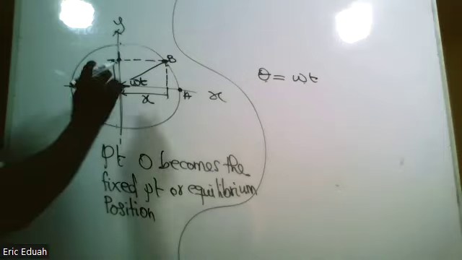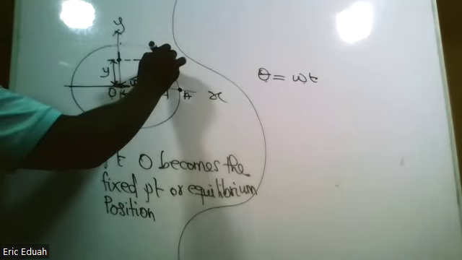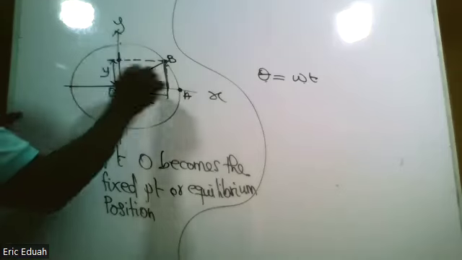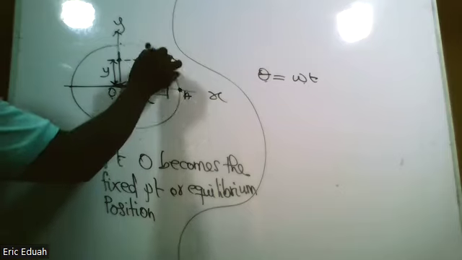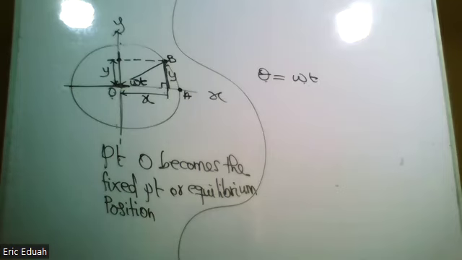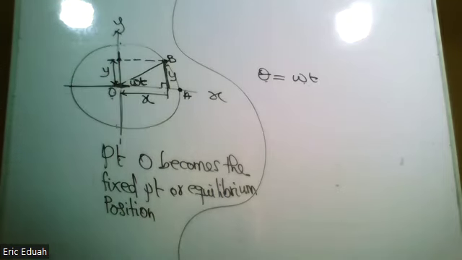Now, if this is Y displacement, this distance is also the same as this distance. So if this is y, this can also be y. And this y is perpendicular to this.